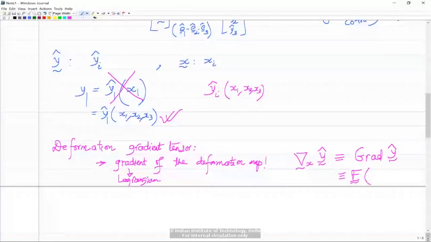It depends on the Lagrangian position x. You know that gradient increases the order of a tensor, right?